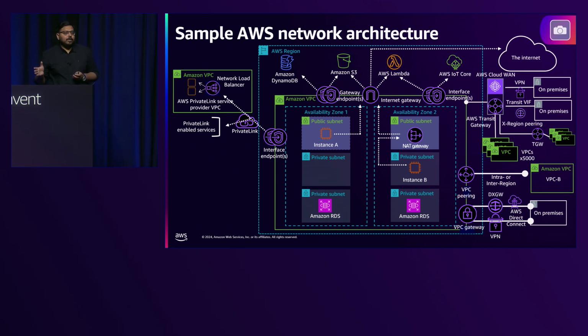Now, as you can see, I did not go into all the services, but the point was to show you the variety of AWS network connectivity options that are available. Depending on the customer use case, what we typically see is that customers use a bunch of them in tandem. And when you have to manage such a large network, it's obvious that to do your job effectively, you need certain tools and features that not only make the job faster, but also efficient.